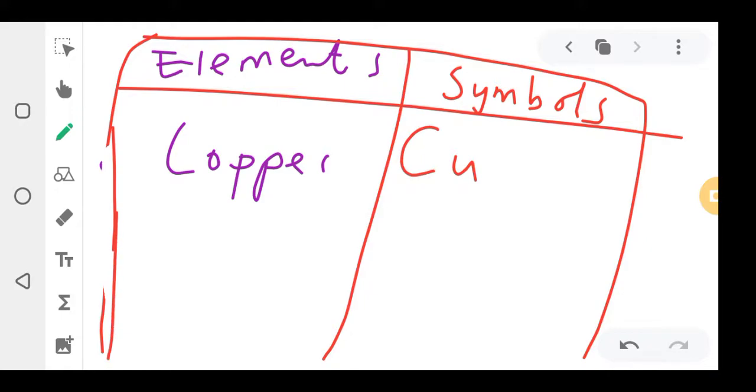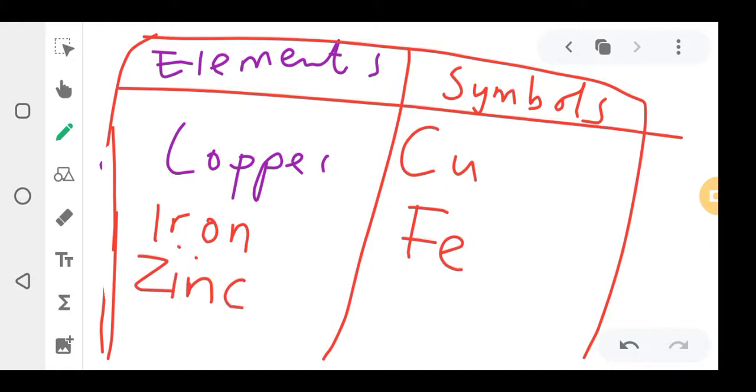We have iron, and the symbol for iron is Fe. Zinc, the symbol is Zn. We've got lead, which is written as Pb. Those are the common elements we have.